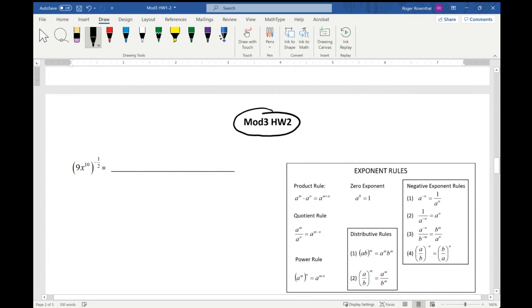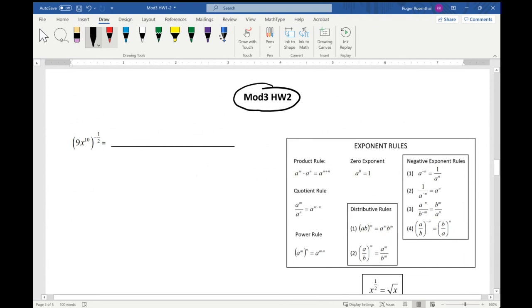Okay, Module 3, Homework 2. We're going to simplify 9x to the 10th, all raised to the negative 1/2 power. Well, if we use our exponent rules, I'm going to use this rule right here.